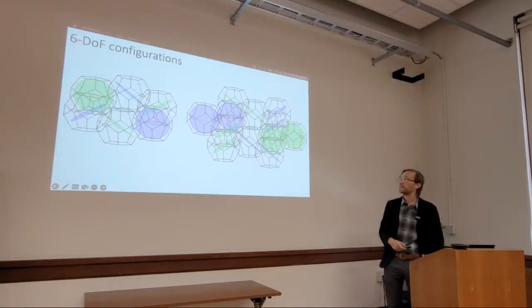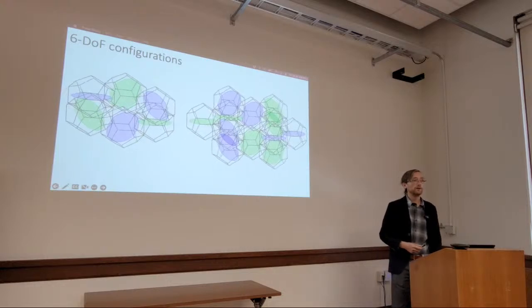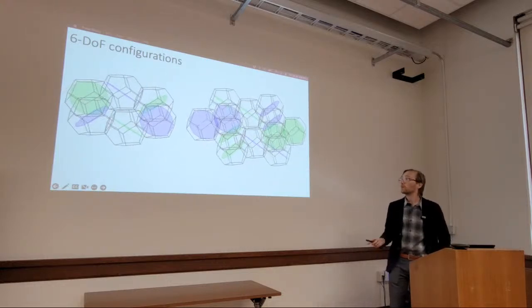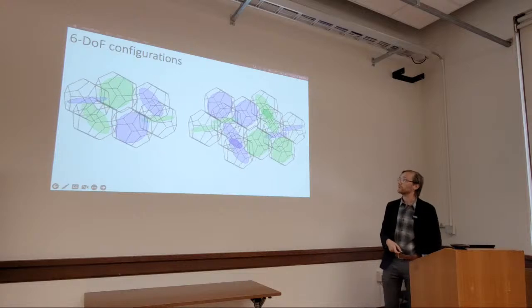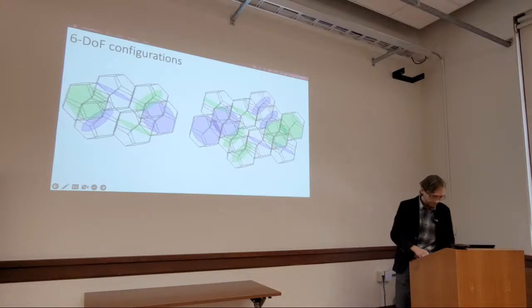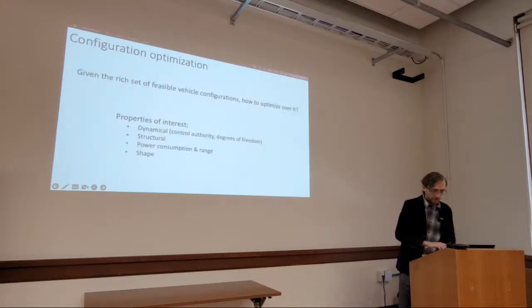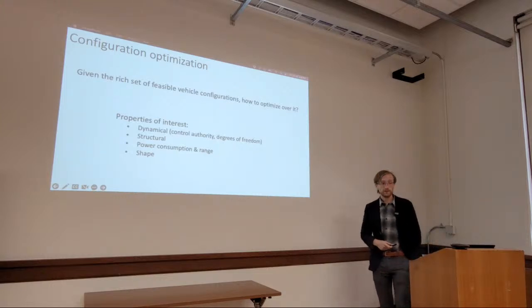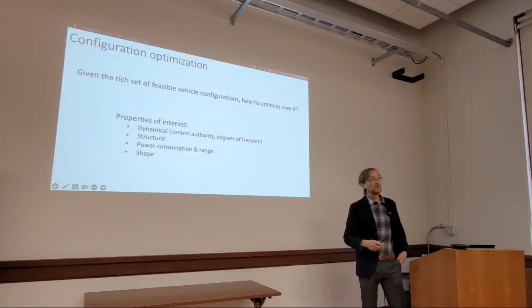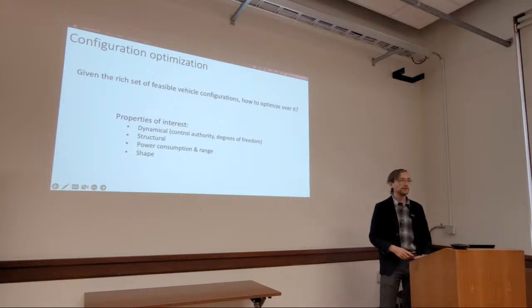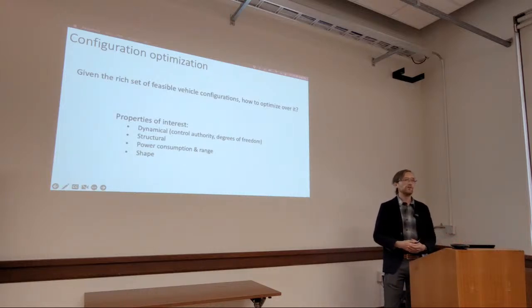And by changing the orientation of the propellers as the modules are assembled, we can also create some 6 degrees of freedom configurations. I mentioned configuration optimization. So with this type of connections between modules, there is a vast set of feasible configurations.